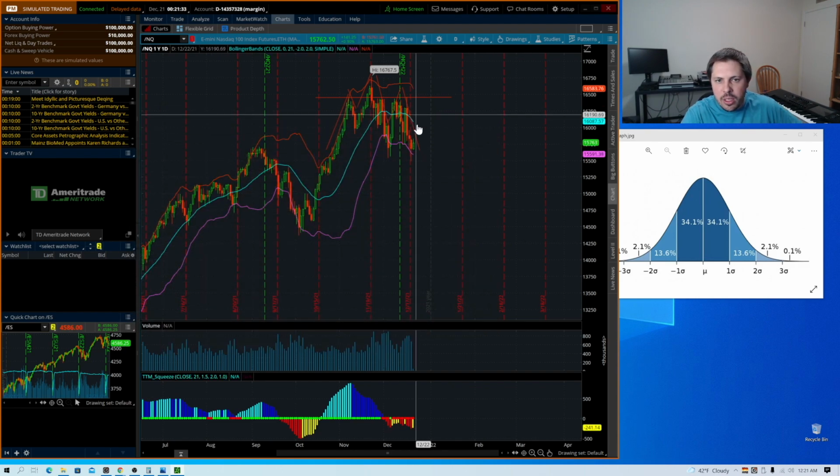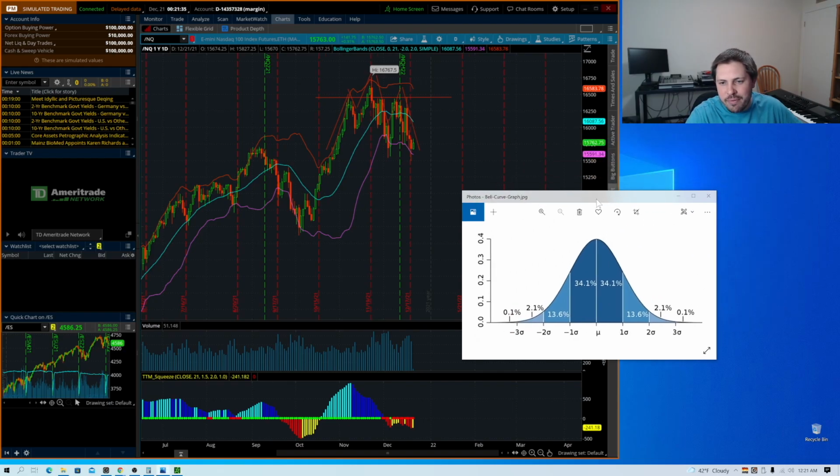So it's important to understand that volatility is actually changing, and it will change what this bell curve looks like, right? Because if there's more volatility, it means that this 68.2% range is actually larger. And this is really important to understand, right?